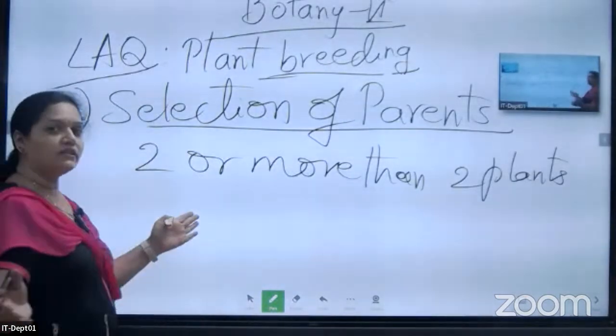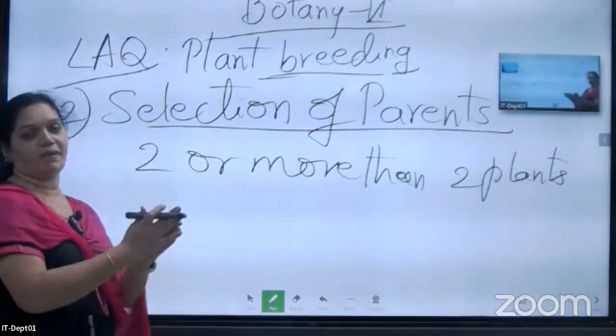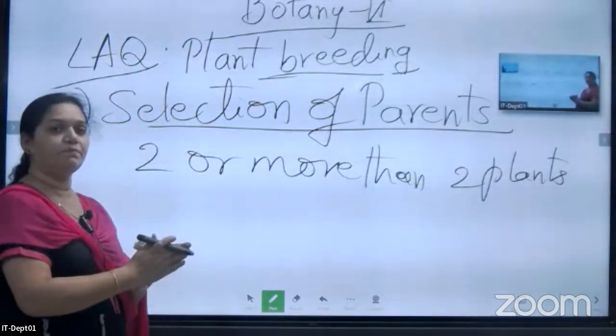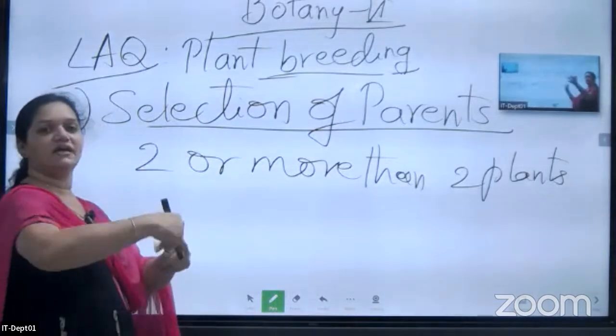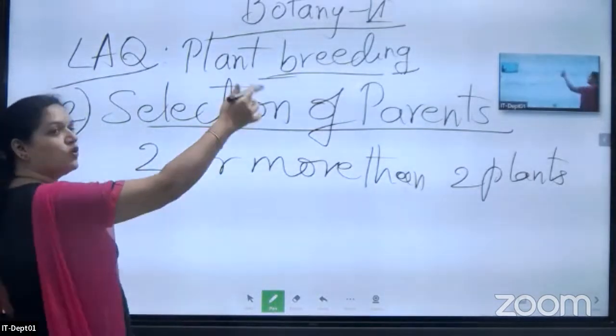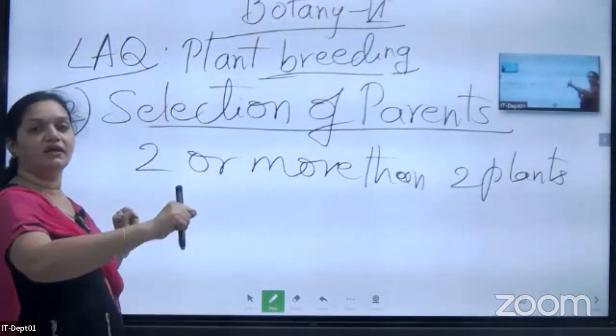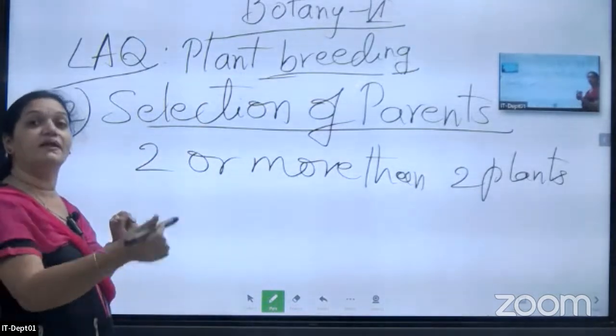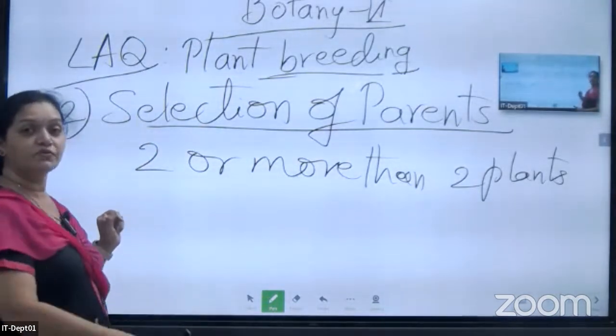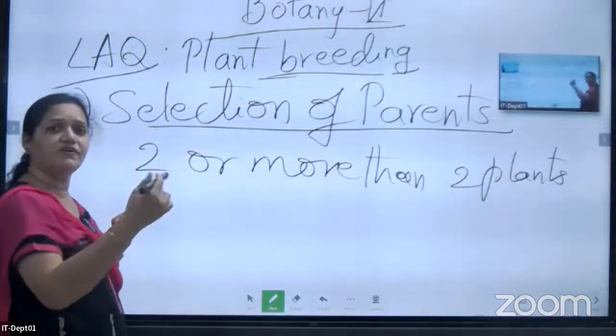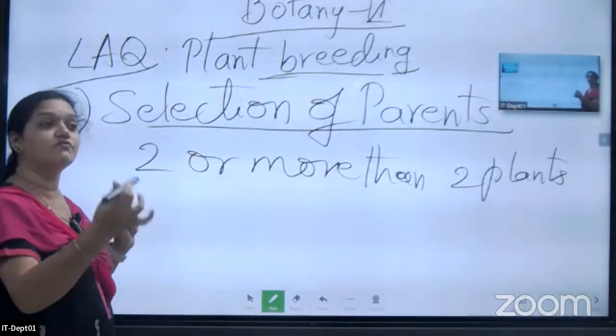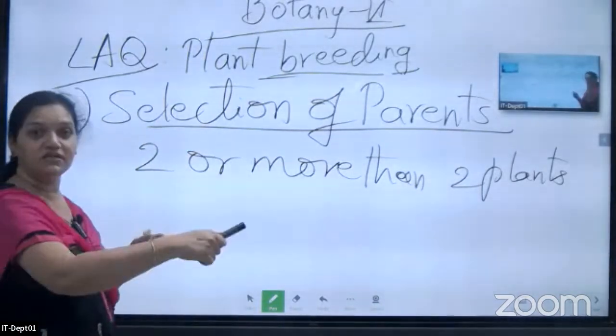By crossing all these parents, we will get one single plant with all our desired characters in it, what we want to have in the outside environment to get the benefits from the plants itself. All this process is meant for our benefit. We want many things from one single plant.